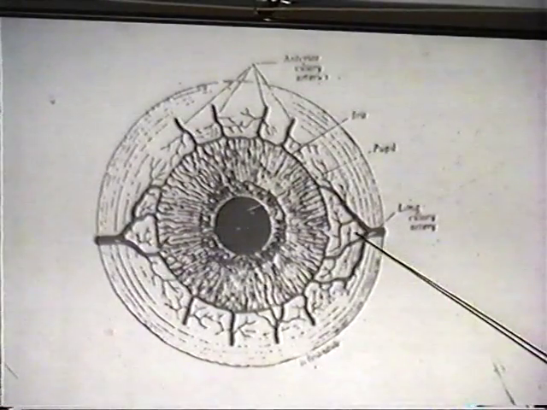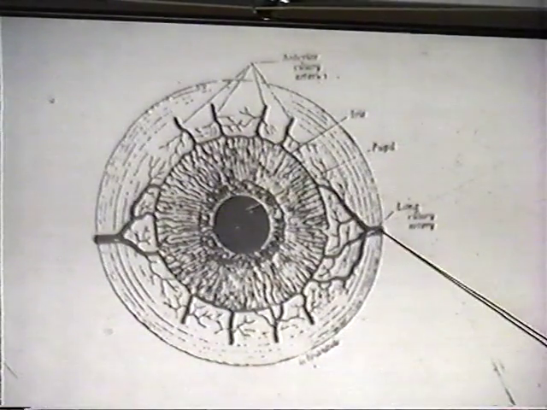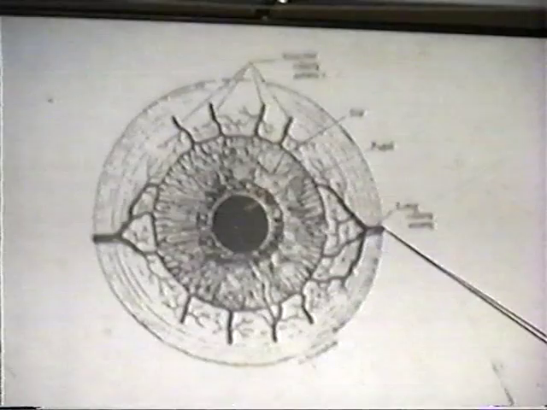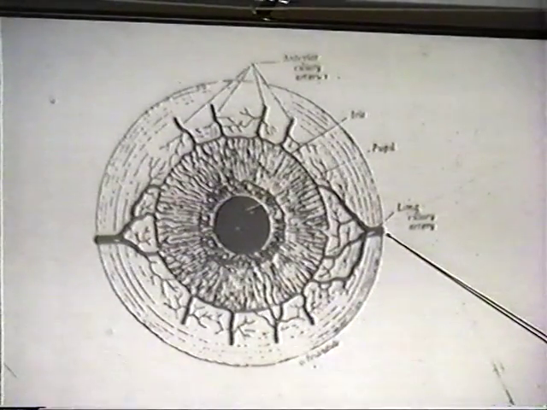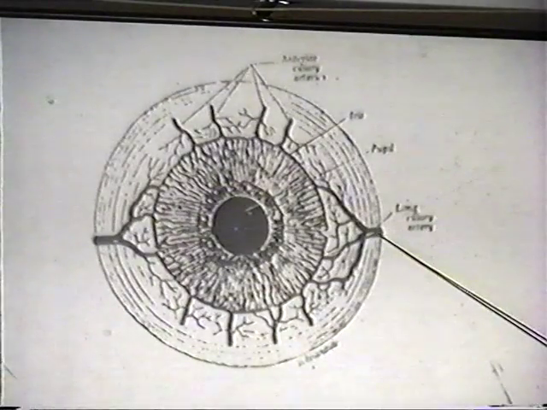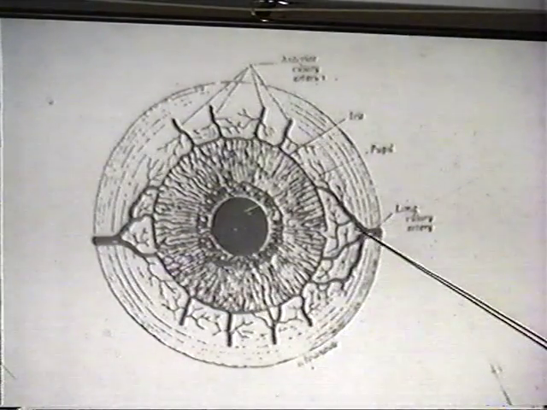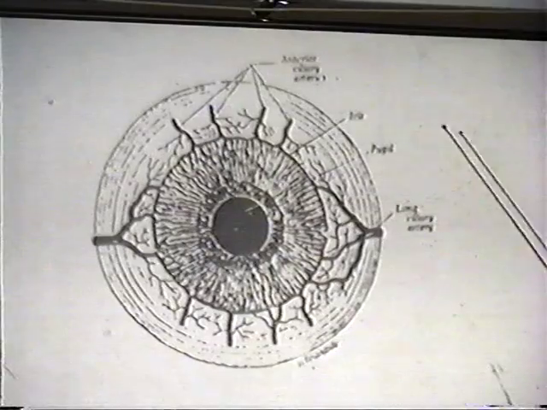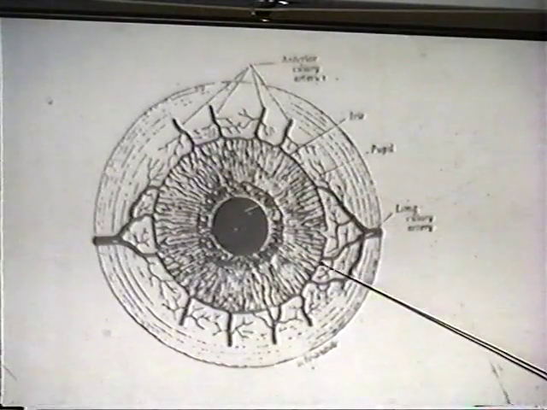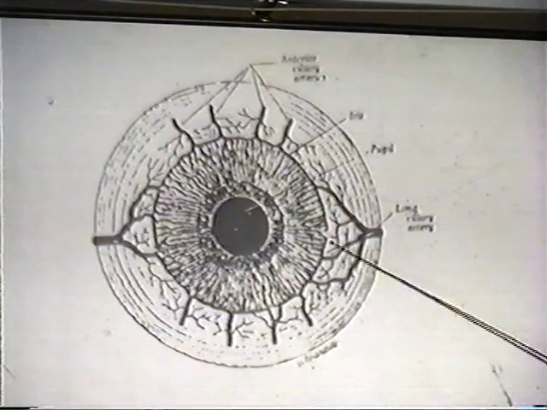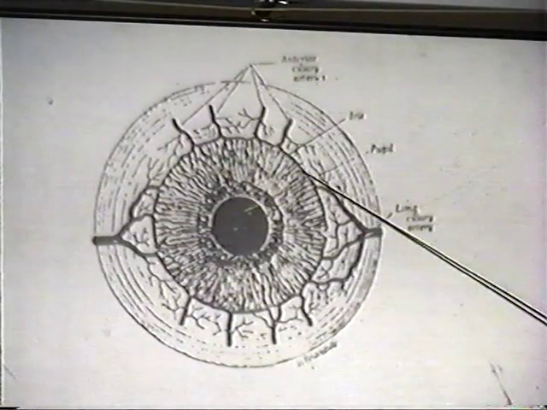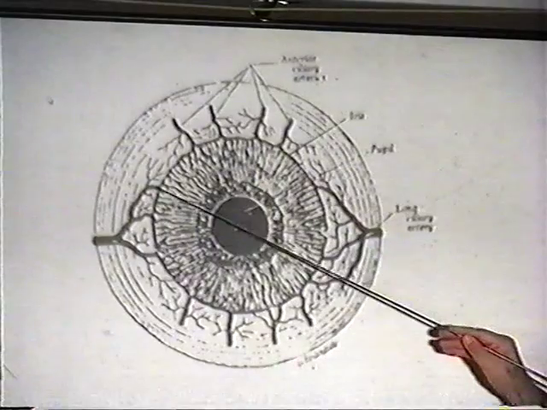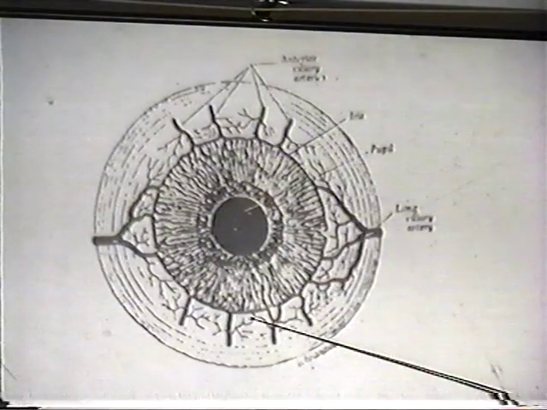The blood vessels come in from the edge of the, what we call the sclera, usually quite deep in the sclera, and they come into the outer ring of the iris, which we call the limbus.